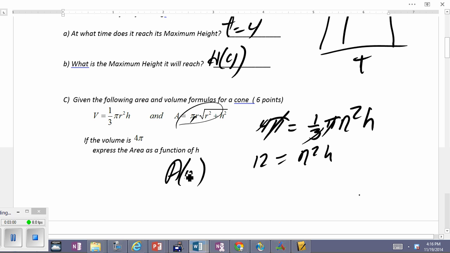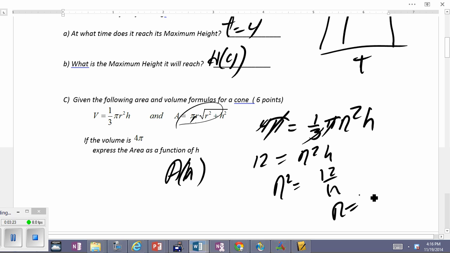We want area as a function of h, which means we want r out of there. So we want to express r in terms of h. R squared would therefore be 12 over h, and r would equal square root of 12 over h.